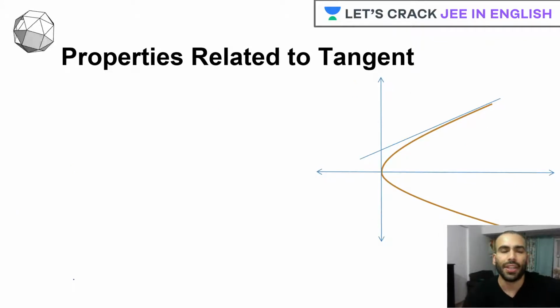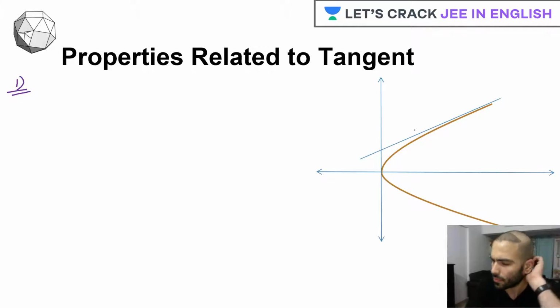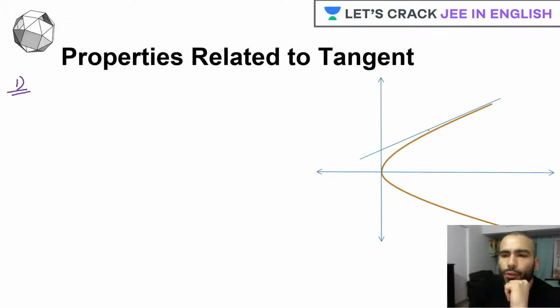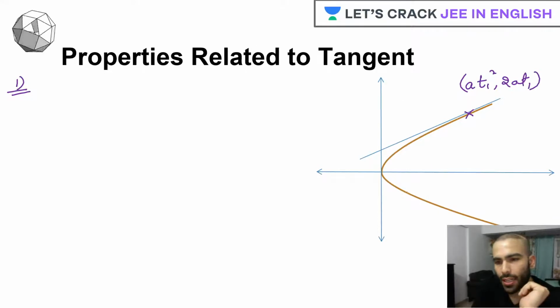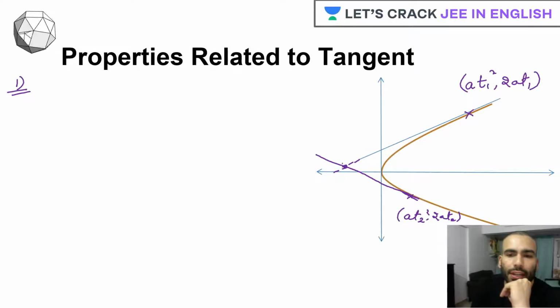Now these properties are related to tangents. One property related to tangents is this: if you have 2 points, one is a t1 square comma 2a t1, and another point a t2 square comma 2a t2, where you have drawn tangents, and these tangents meet at a certain point, then what will be the coordinates of this point?